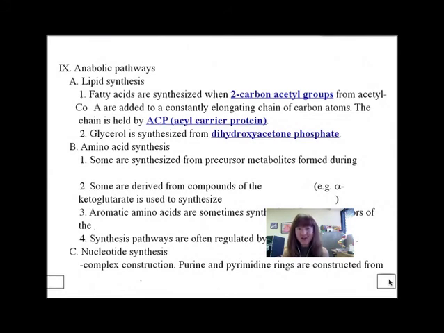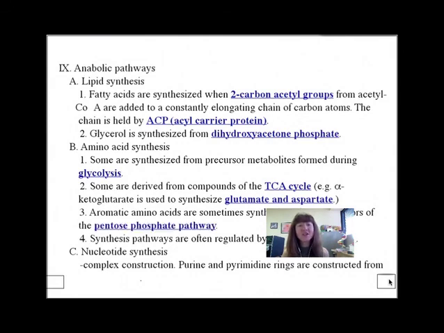Amino acids come from a variety of sources ranging from the pentose phosphate pathway to glycolysis to the TCA cycle. So things like glutamate and aspartate, we talked about alpha-ketoglutarate being the precursor metabolite to their synthesis, and we talked about aromatic amino acids such as phenylalanine coming from the pentose phosphate pathway intermediates as precursors.